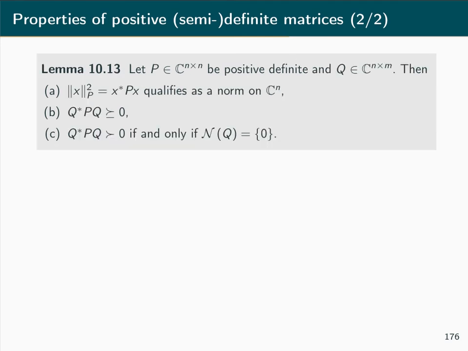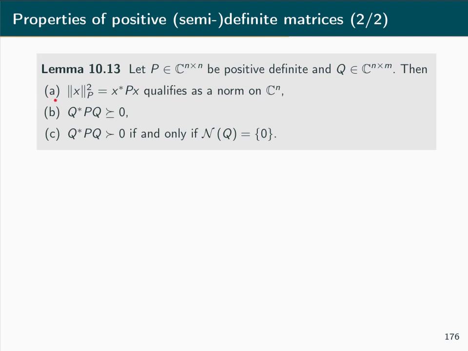Further important properties of positive semi-definite and positive definite matrices are stated in Lemma 10.13, where we suppose that P is a positive definite n by n matrix and Q is any n by m matrix.